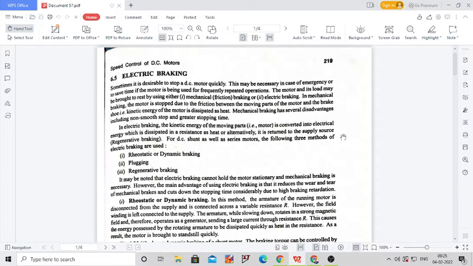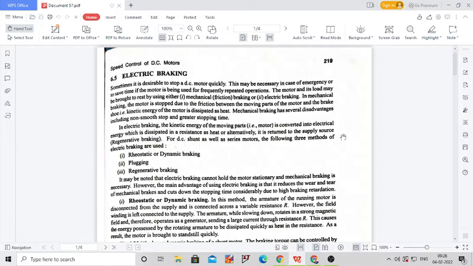Electrical braking is generally more convenient from the machine's point of view. In electric braking, whatever kinetic energy of the rotating object, that is the kinetic energy of the motor, is converted into electrical energy. That electrical energy is either dissipated in a certain resistance as heat, or it can be utilized to charge the batteries.